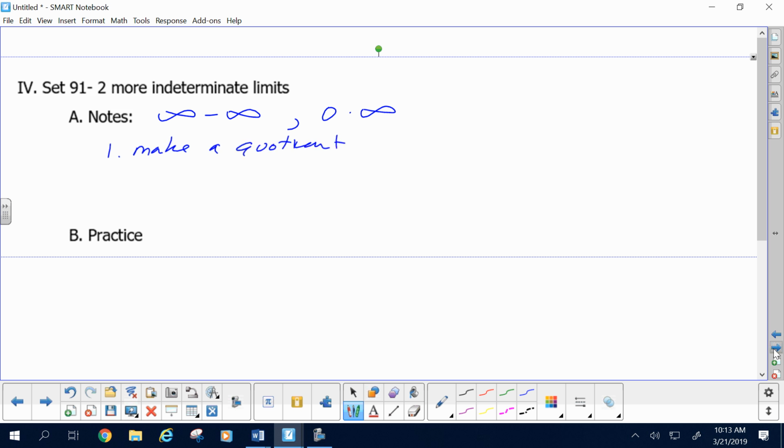You don't take derivatives on that form. You make it a quotient. You then show L'Hopital work, and I'm talking good L'Hopital work, not this 0 over 0 off to the side garbage. I did not teach you that. I taught you to identify the pieces well and the limits separate. Okay?